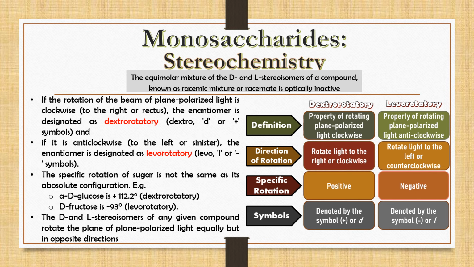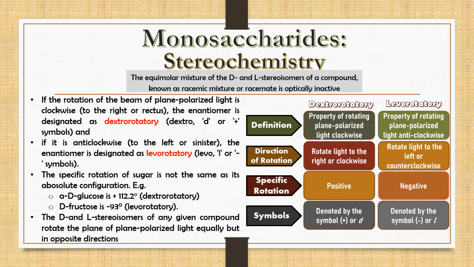Then one other very important thing is that the equimolar mixture of D and L stereoisomers is optically inactive, as the asymmetric carbon atom passes through a symmetrical intermediate during chemical reaction.